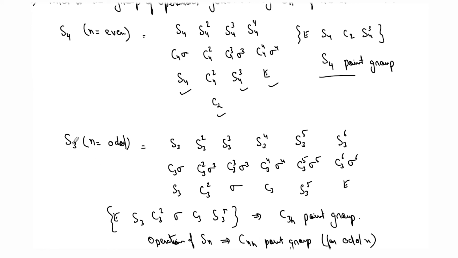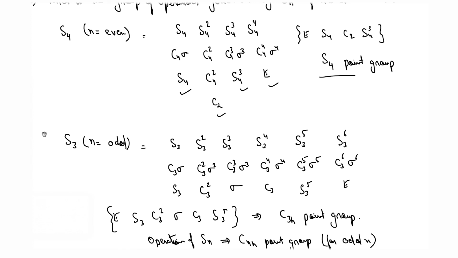Although it appears that it's an S3 axis only, still it pops out sigma, pure rotational elements, out of nowhere. By just doing operations of S3, you're getting a Cnh point group. So these are also kind of questions which are asked in different types of exams, so it is important to cover this.